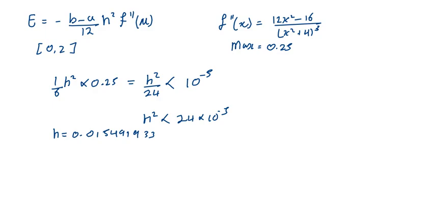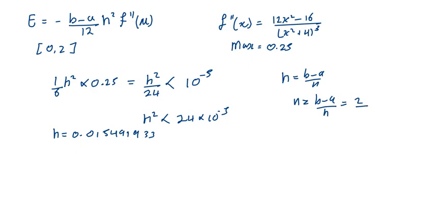So how do we get our n for this? It's also pretty straightforward, because we know that our h is equals to b minus a over n. So we can say n is equals to b minus a over h. What is our b minus a? Is 2, because 2 minus 0 is a 2, divided by h.